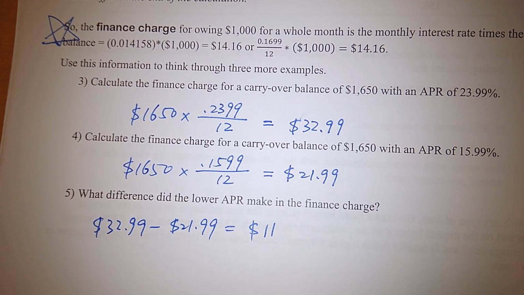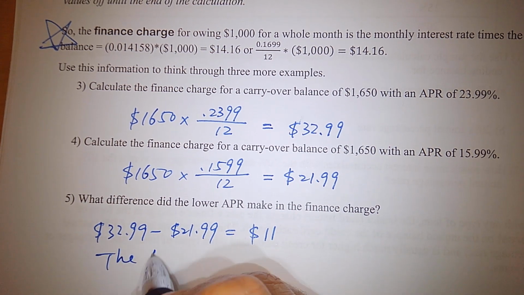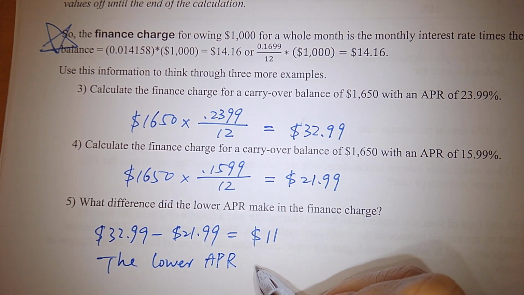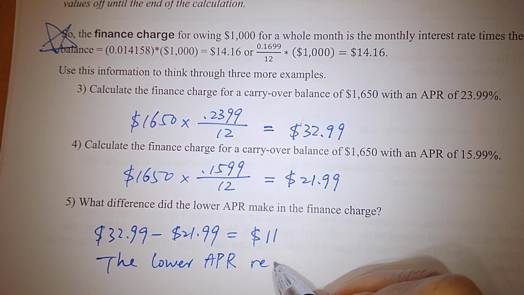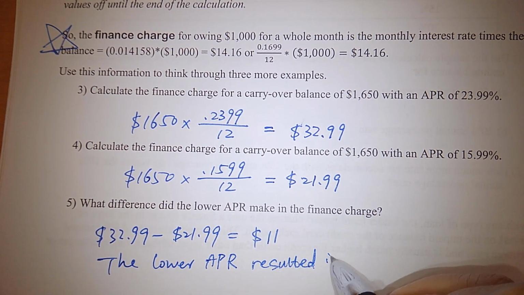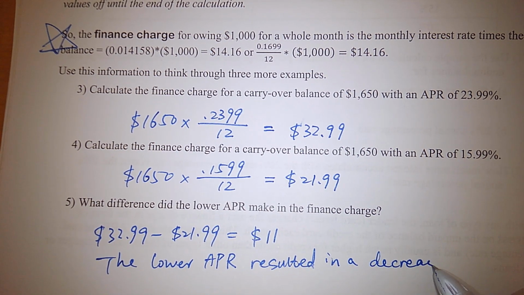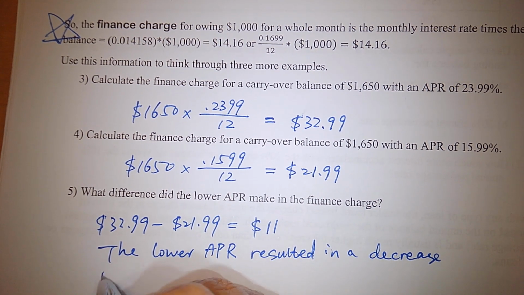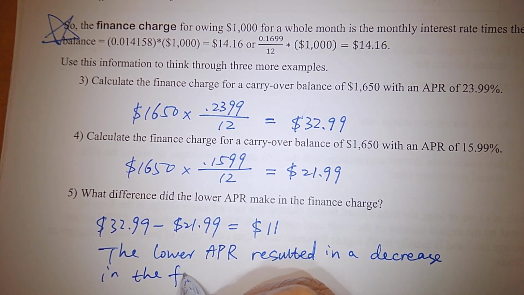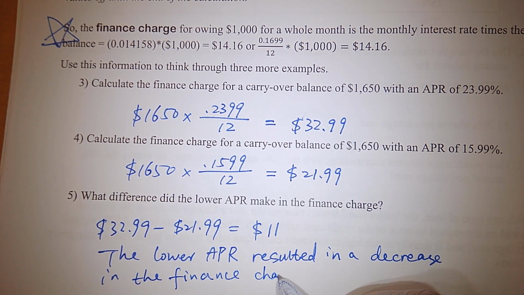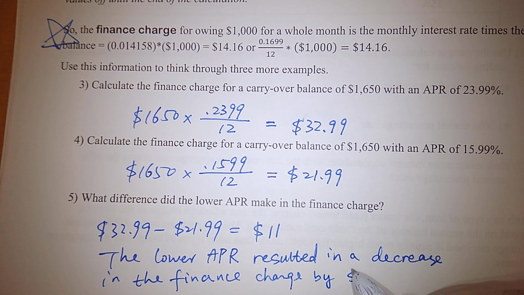So the lower APR, okay, resulted in a decrease in the finance charge, right? By $11.